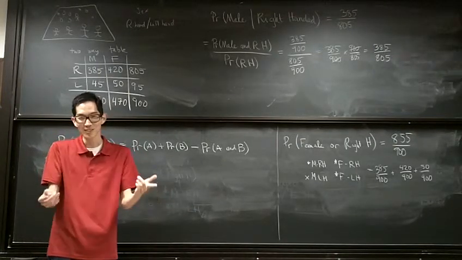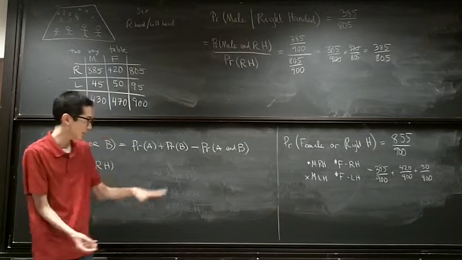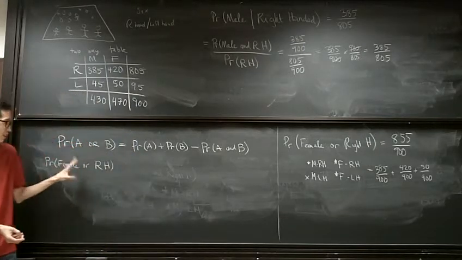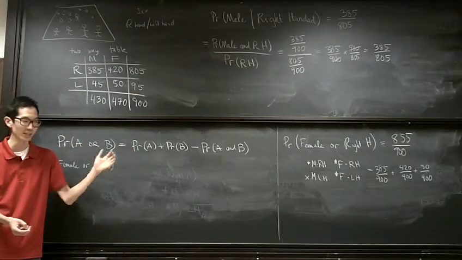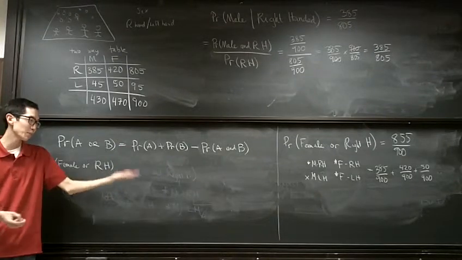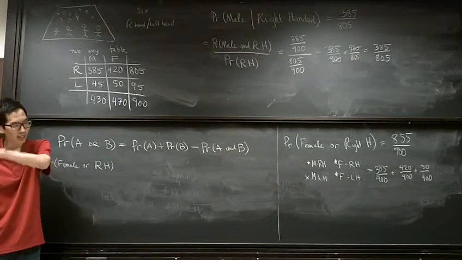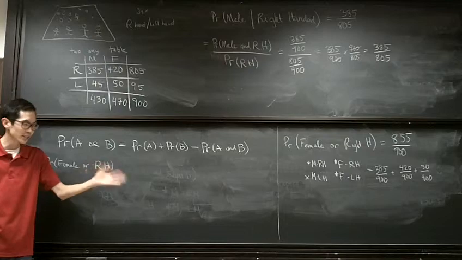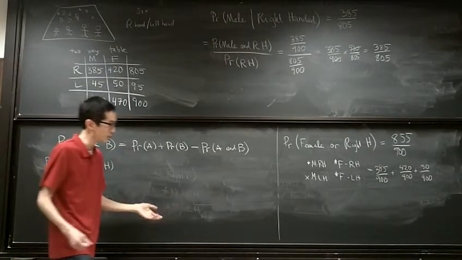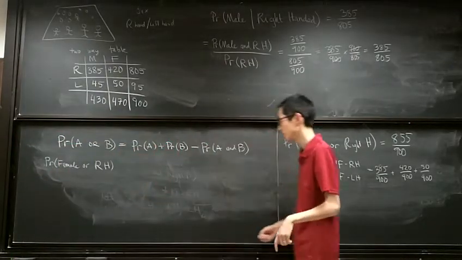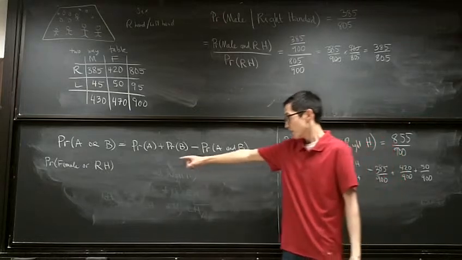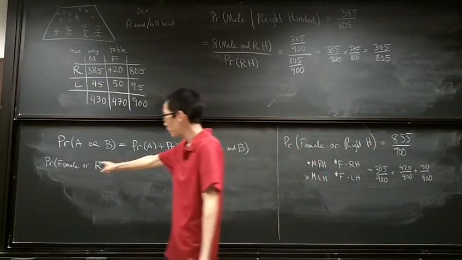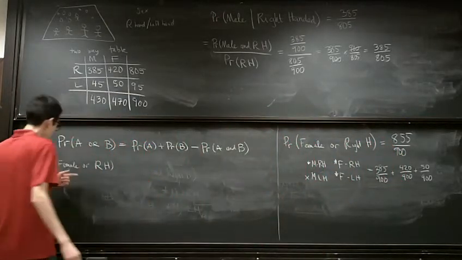The answer is yes or no, okay? At least in statistics, when we say, do you like chocolate or vanilla, we want you to say yes or no, okay? Some people will take that as, do you mean I like this or I like this? Okay, that's a different thing. That's called exclusive or, but that's not what we do. Okay. So, is the person female or right-handed?